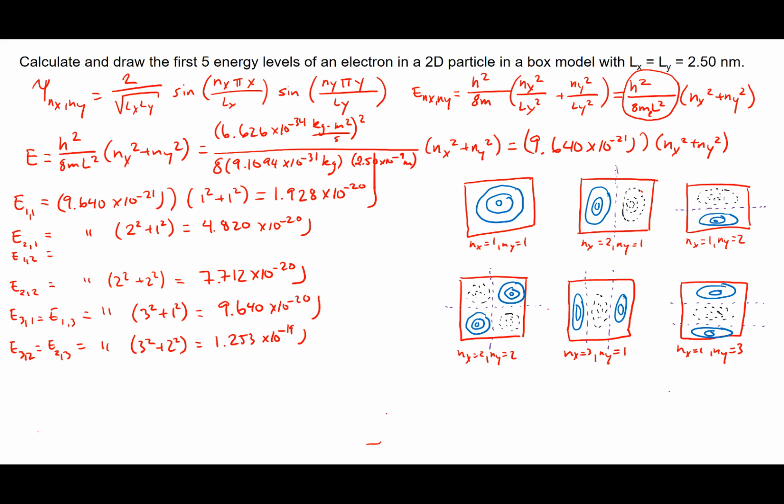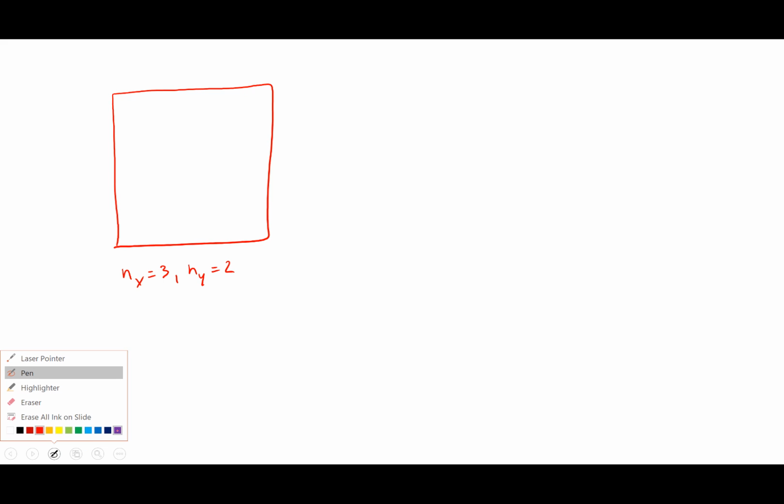And then in the case of the 3, 2, I'm going to actually let me draw the 3, 2 on the next page, just because that way I'm not cramping things. So the 3, 2, if we draw this out, nx equals 3 and ny equals 2, what we're going to have is along the x direction 3 nodes, so I can draw those in. And then along the y direction, we're going to have 2 nodes.